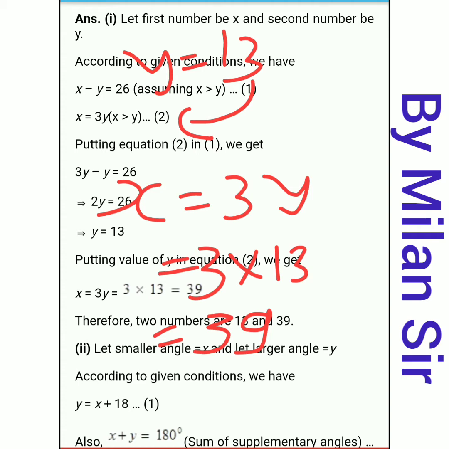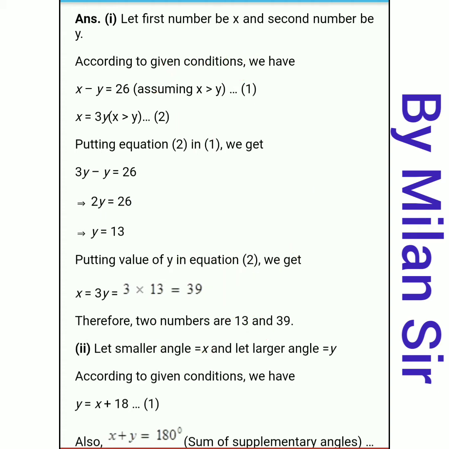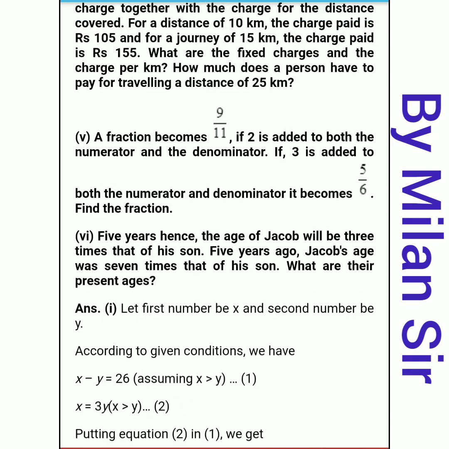So at last we need to write this: our big number is 39 and the small number is 13. Okay, at last whatever we assumed, we need to write in original form. That means our big number is 39 and small number is 13. Okay, then question number 2.